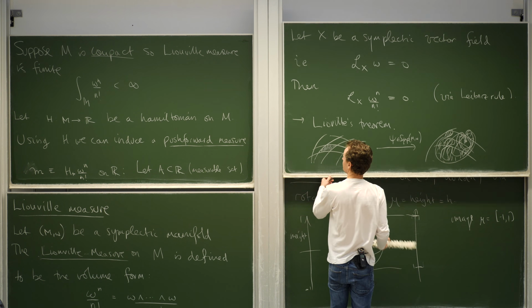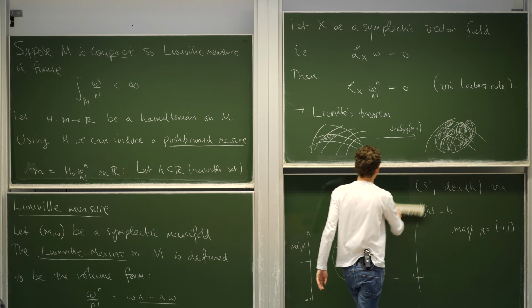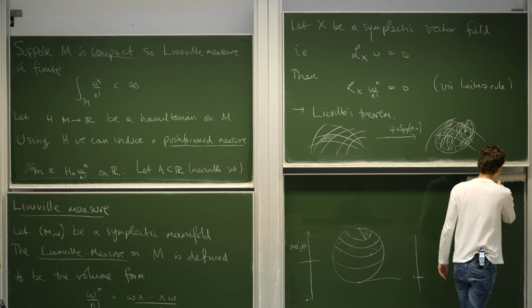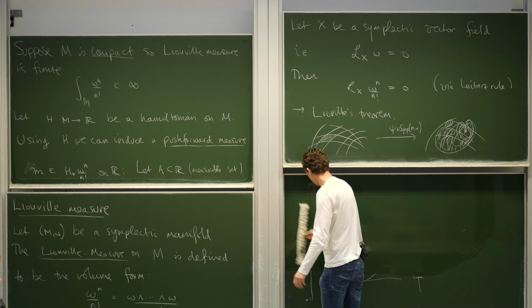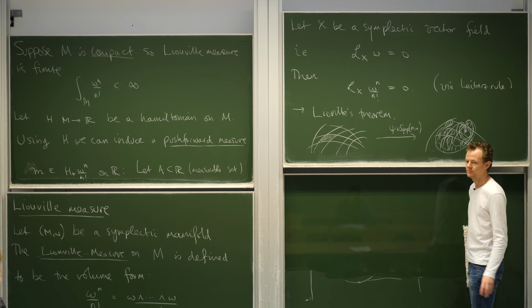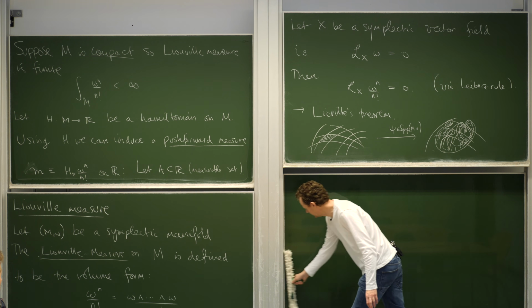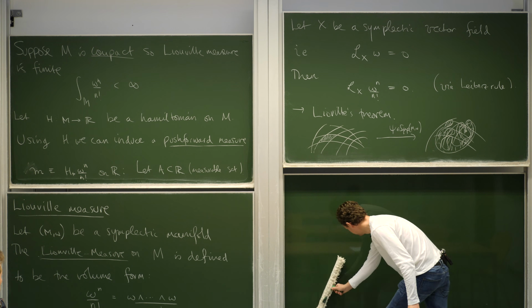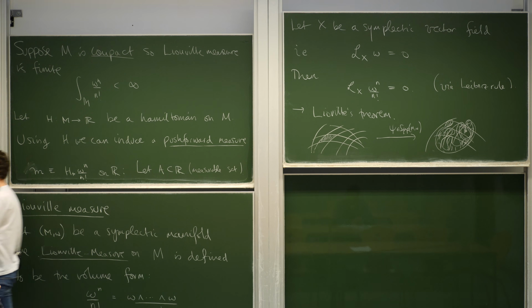So let A be a measurable set in R. Then this push-forward measure, what is it? Well, you've got to work out a canonical way to measure the area of A in R using the data we have at hand. And the data we have at hand is H, which is a map from M to R, the set A, and a measure on M, big M. So what we can do is take A and find its pre-image under the Hamiltonian, some subset of phase space, and then measure the area of that. And that will indeed be our measure.